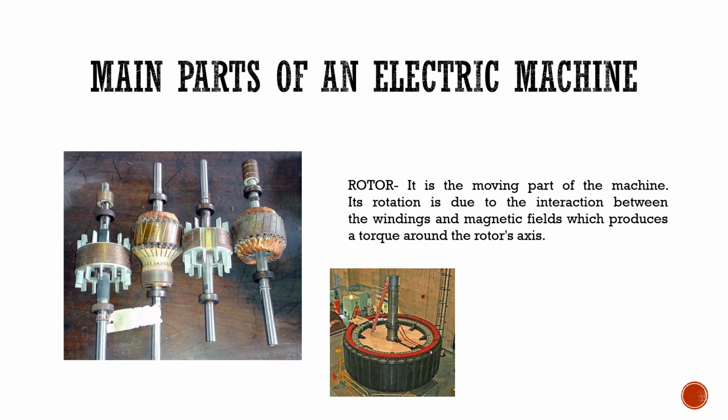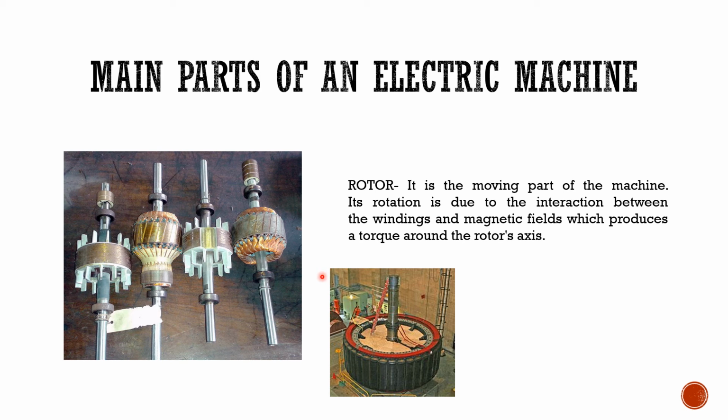So there are basically two main parts of an electric machine. First, we have a rotor. This is a rotor right here. It is the moving part of the machine. Its rotation is due to the interaction between the windings and magnetic fields, which produces a torque around the rotor axis. So this is the rotor axis. Right here, this one is a massive rotor.